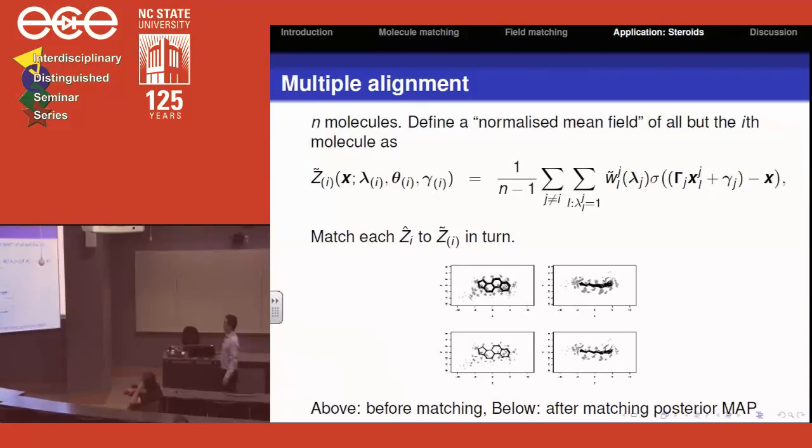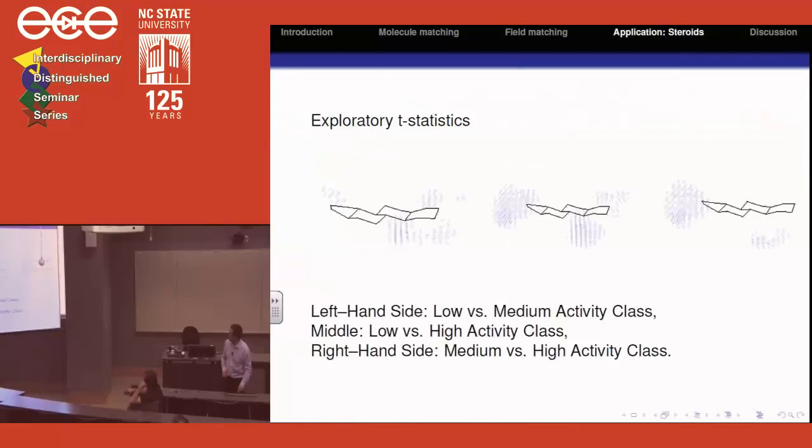And then once you've aligned them, you want to be able to see where they differ. So there's an extension to multiple alignment. The previous one was just in pairs, but you can match everything together in one go. And then we want to see if we can spot where the differences are between the molecules.